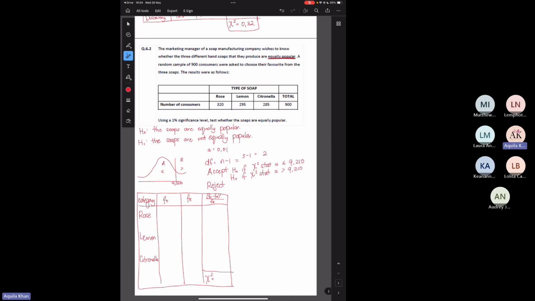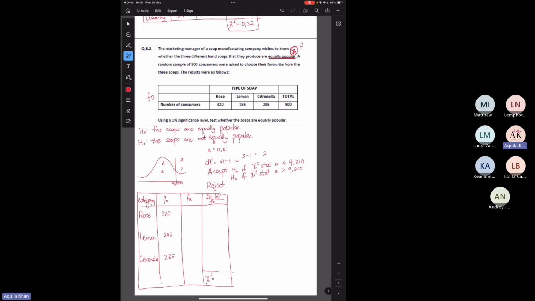So from the table, remember, this will always be your FO values. So this is 320 for rose, 295 for lemon, and 285 for citronella. Now for the FE values. Remember I said to you at the top, that sentence that said that they are equally popular. This is what we use for FE.